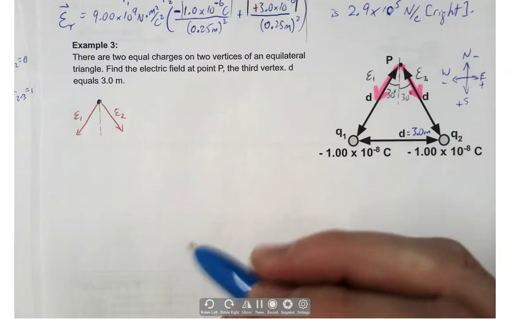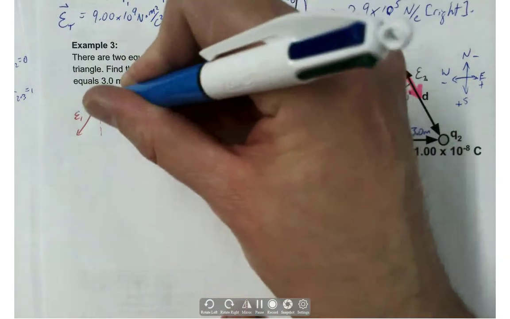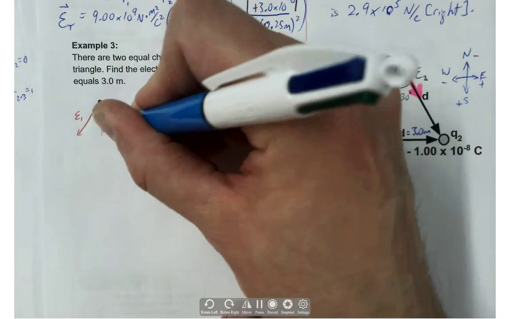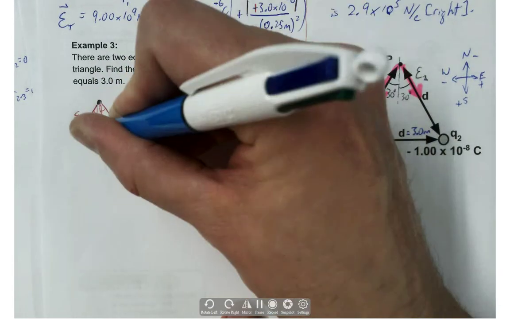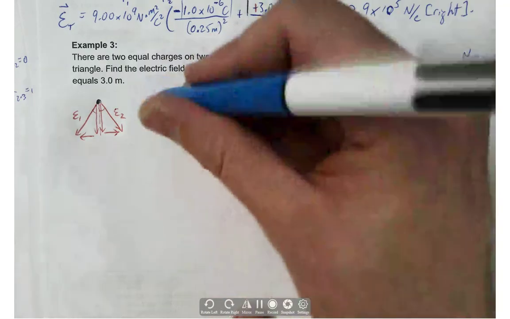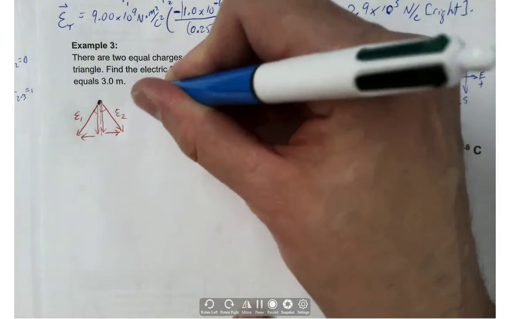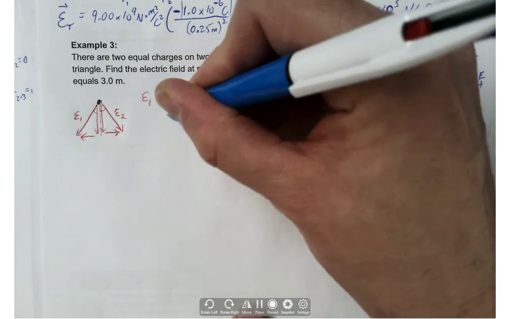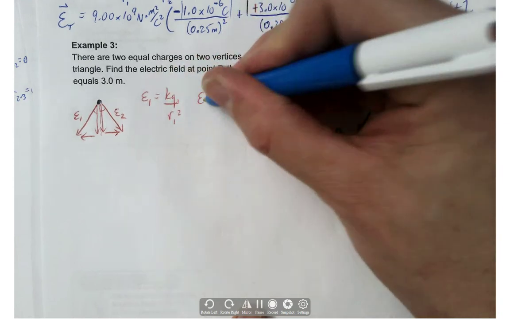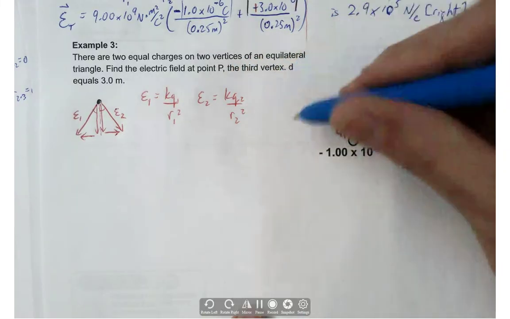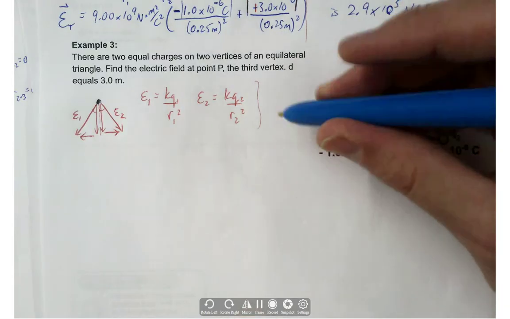If this is 30 and this is 30, I'm trying to find epsilon 2y and epsilon 2x, epsilon 1y and epsilon 1x. I also want to recognize epsilon 1 is equal to kq1 over r1 squared, and epsilon 2 is equal to kq2 over r2 squared.